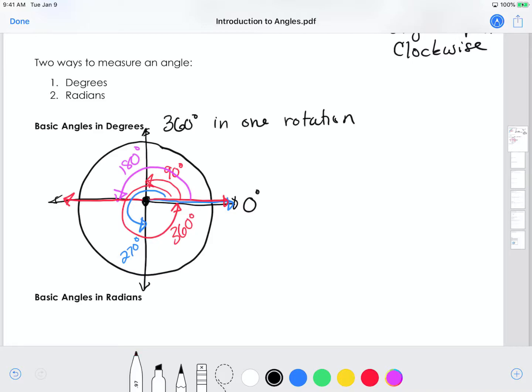Now if I did the same thing, but now I go in the clockwise direction, this would be if I was going counterclockwise.